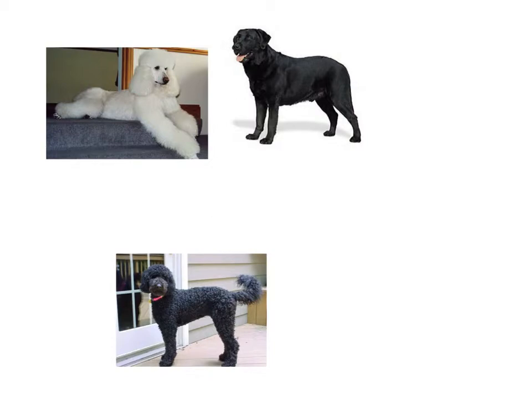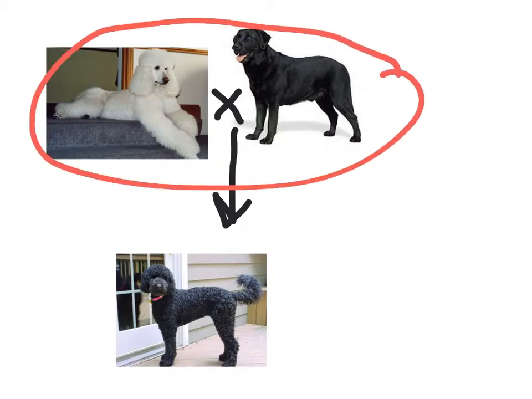So the concept here is when you cross 2 organisms, when you mate them together, if their offspring are alive, that is, they're not dead, or they can produce offspring together, and if those offspring, the Labradoodle, are fertile, if they themselves can parent offspring, then we define those 2 parents as members of the same species.